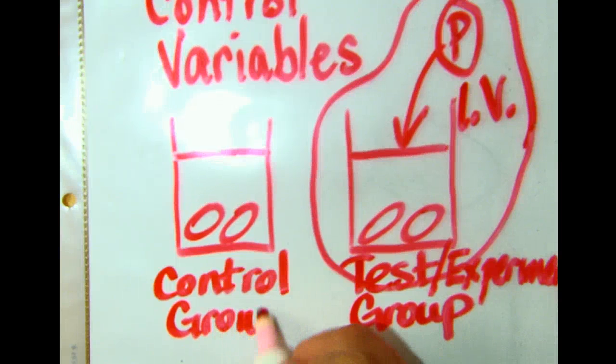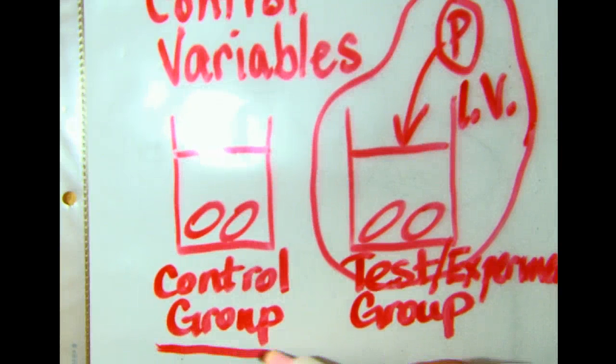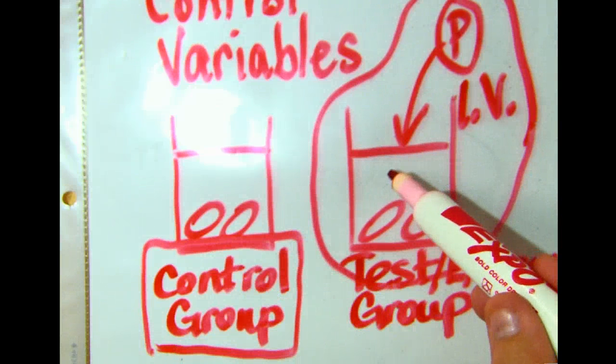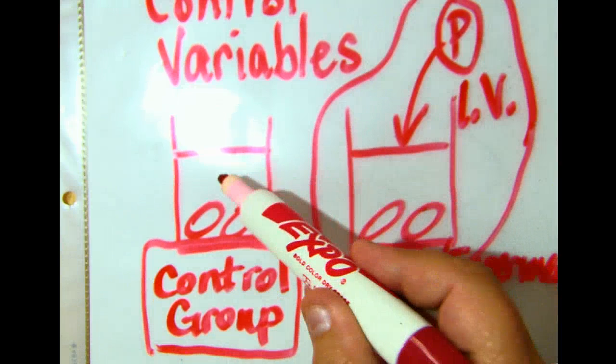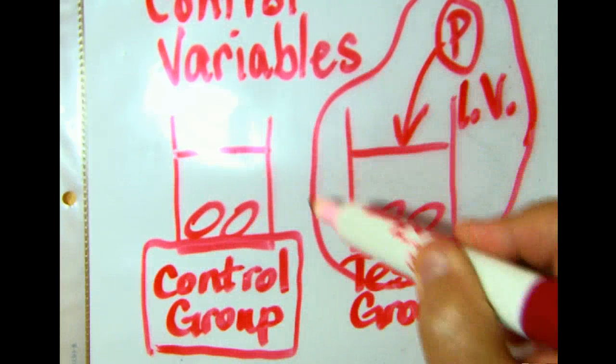And what we tried to do was mimic the natural conditions of the mussels by making the water the temperature that they are normally exposed to. We didn't change anything about what their normal experience would be. And the reason that we need that control group is because we need to be able to use that to compare the experimental group against. So we look at this group and compare it to this group.